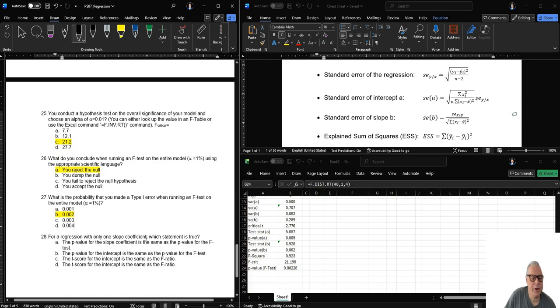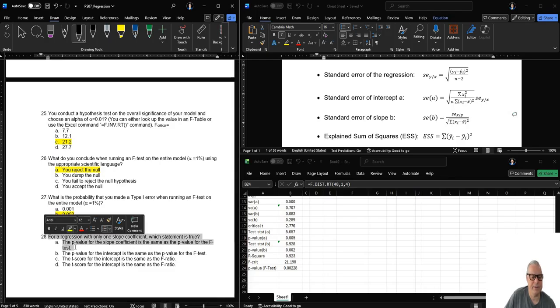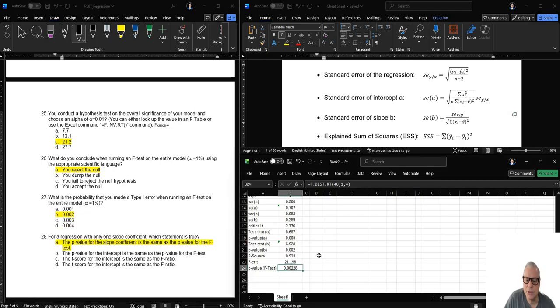But for a regression with only one slope coefficient, which statement is true? The p-value for the slope coefficient is the same as the p-value for the F-test. Yeah, that is true, and we can see that again here. So here the p-value is 0.00228.